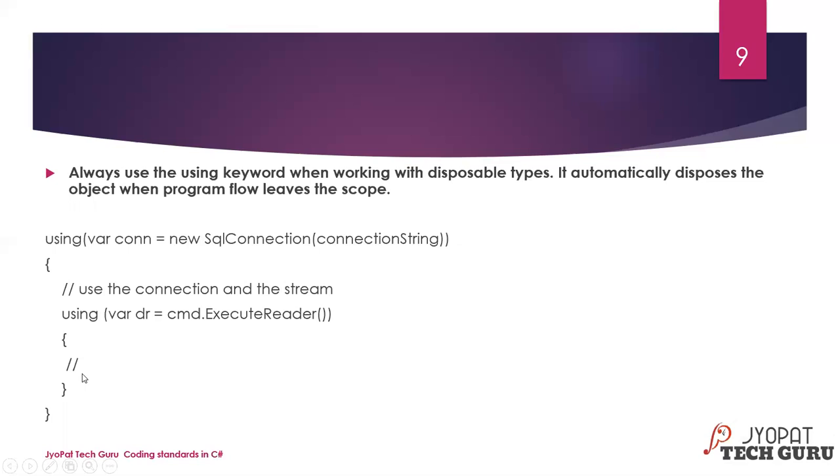This example gives you an idea of how to use the using clause with a block of code: using, in brackets, var connection equal to new SqlConnection, and here your entire code goes. If you use the using keyword, it is going to dispose the particular objects automatically whenever you go out of the program scope.